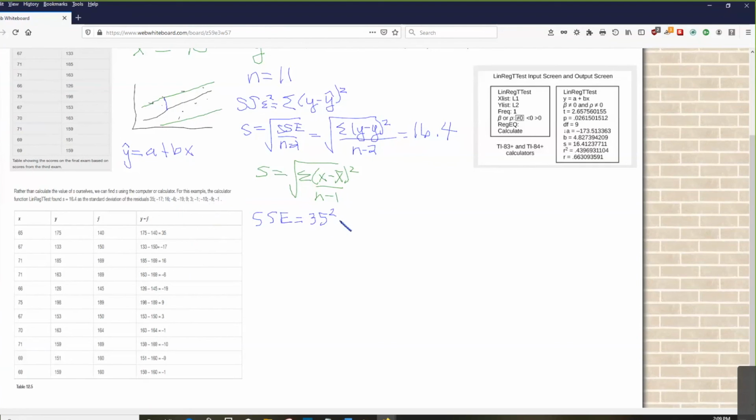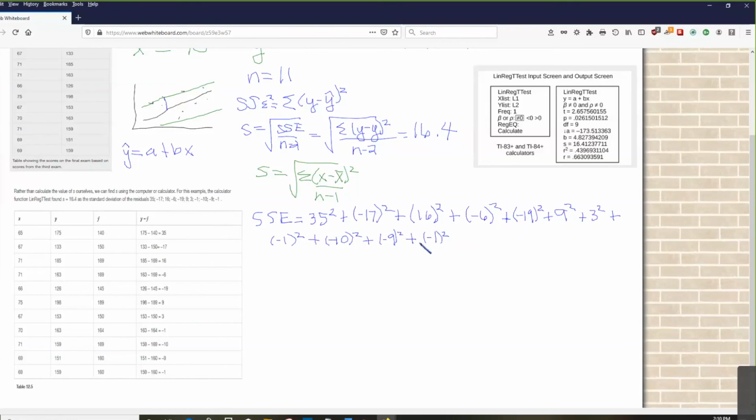So I've got 35 squared, plus minus 17 squared, plus 16 squared, plus minus 6 squared, plus minus 19 squared, plus 9 squared, plus 3 squared, plus minus 1 squared, plus minus 10 squared, plus minus 9 squared, plus minus 1 squared.